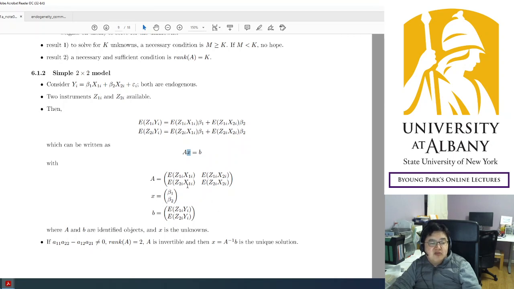And then, as I said, the necessary and sufficient condition for the identification of the solution is this: rank equals 2. And rank equals 2 has many different definitions.